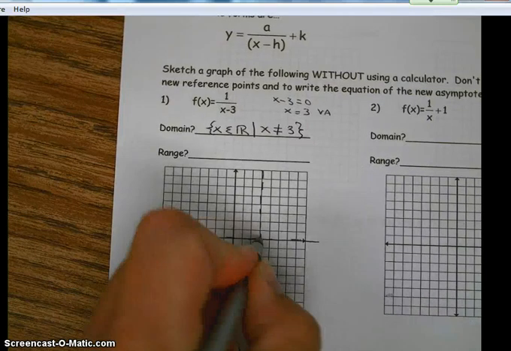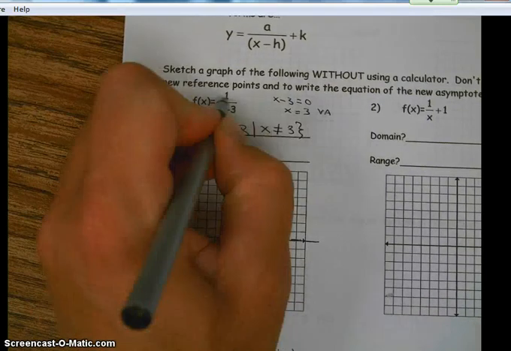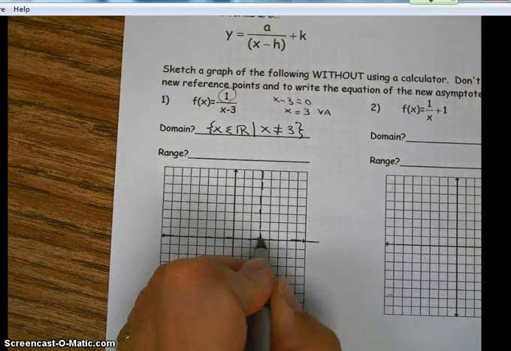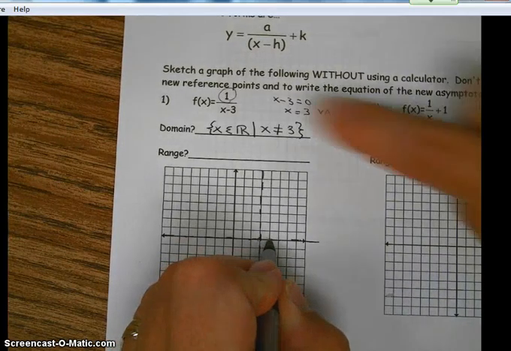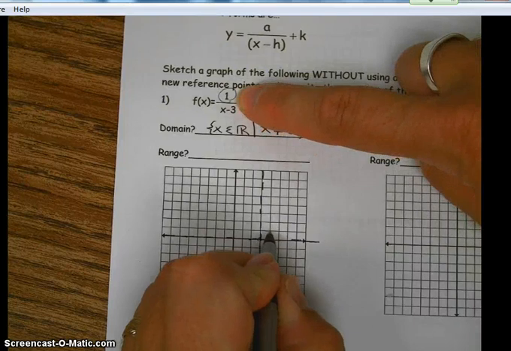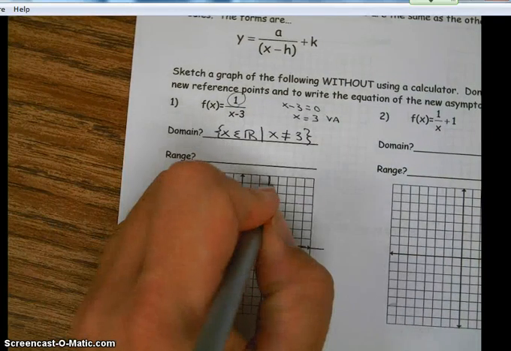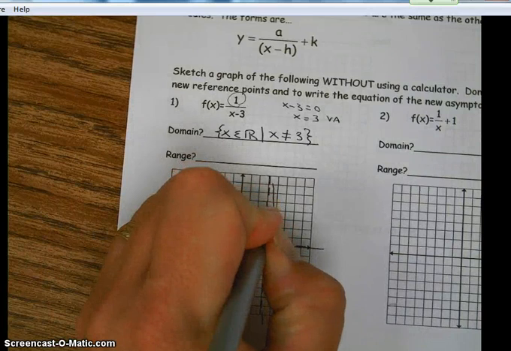the intersection. Now our a value is 1. So from this point, we're going to go over 1, and then we're going to go up 1. And then we're going to get this part of the graph right here.